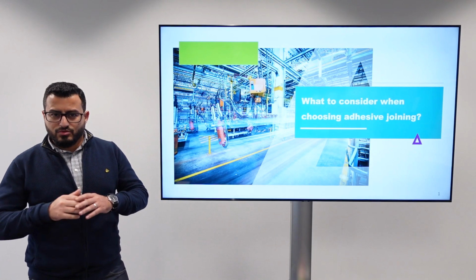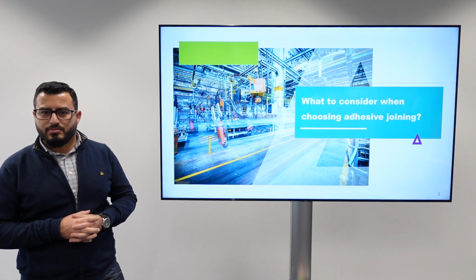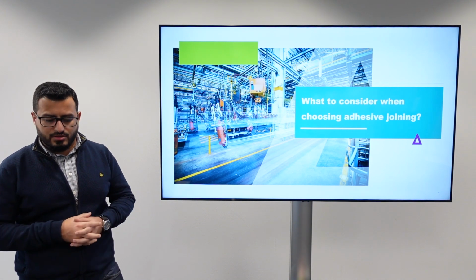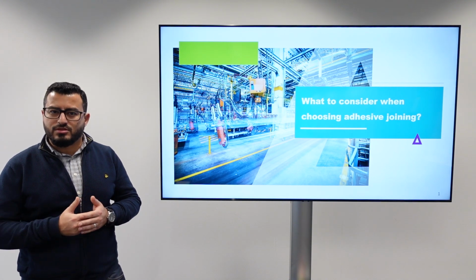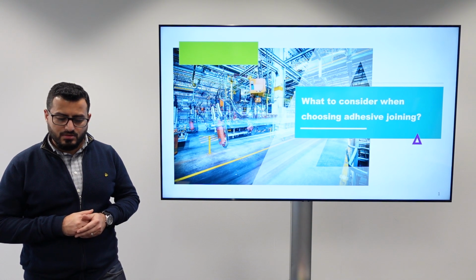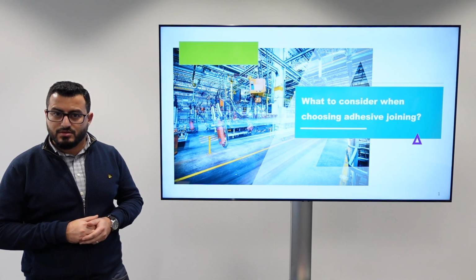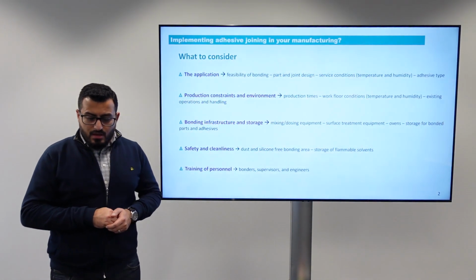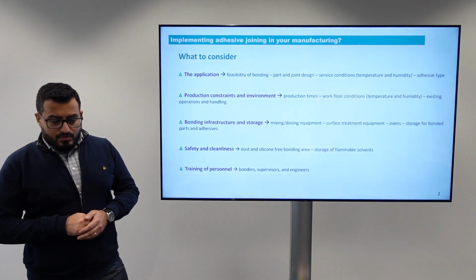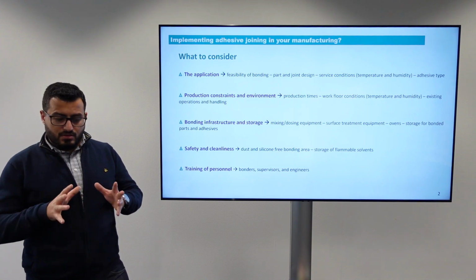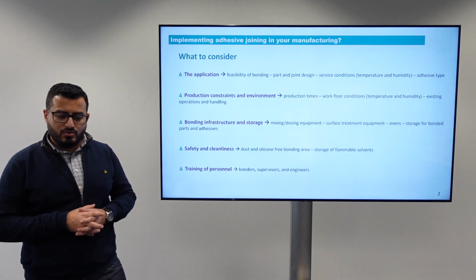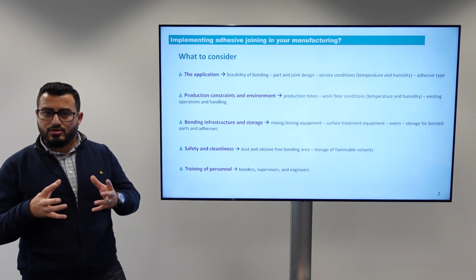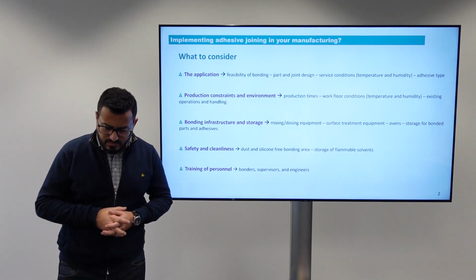Okay, now if you want to consider adhesive bonding in your company or in your application in general, what are the things that you need to consider when you want to approach this implementation of your adhesive joining? So I picked 5 main aspects that you need to consider when you want to implement adhesive joining in your next project.